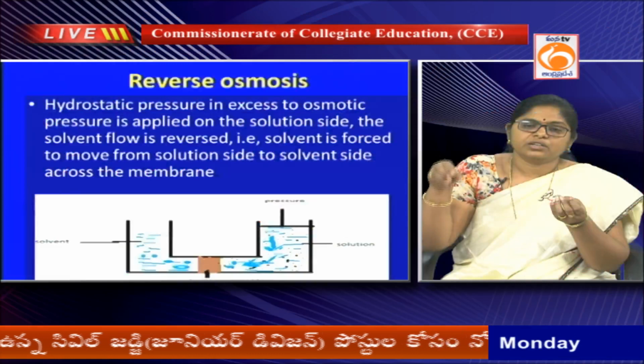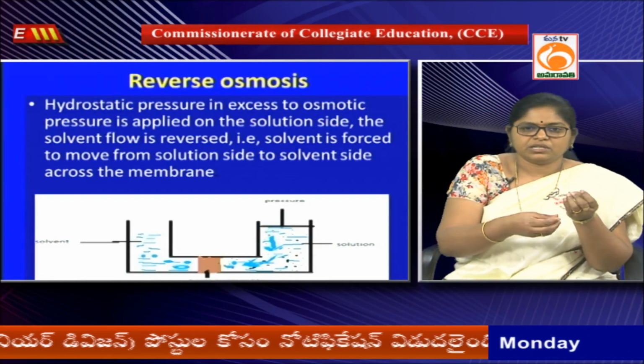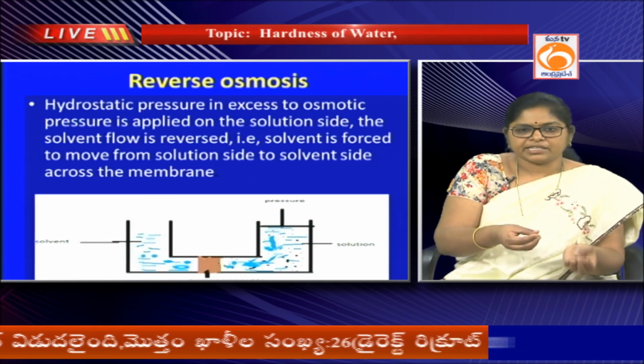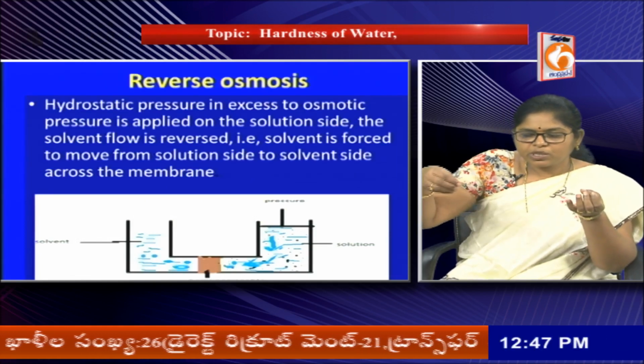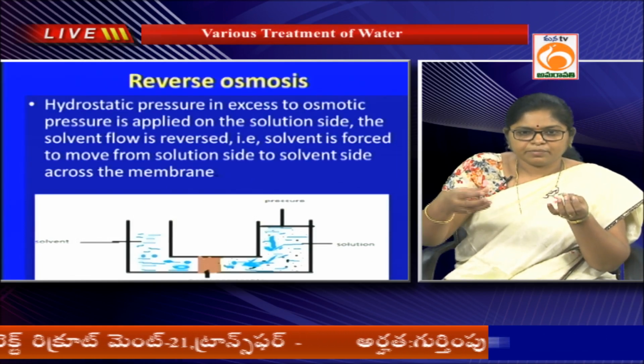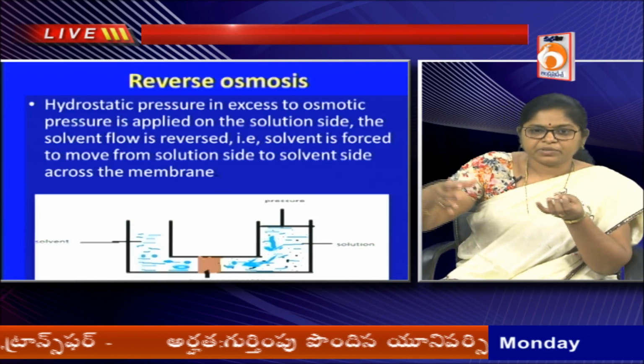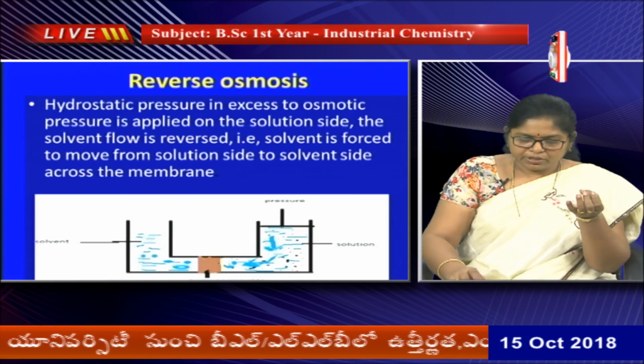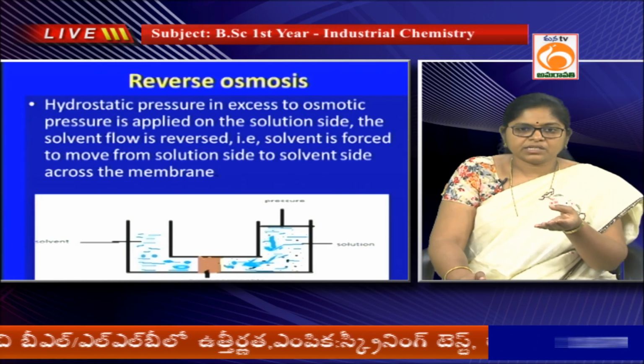If we apply more pressure on the solution, then the solvent of the solution moves through the semi permeable membrane and the solvent level increases. So pure solvent is taken out through the semi permeable membrane in the reverse way. This is reverse osmosis.